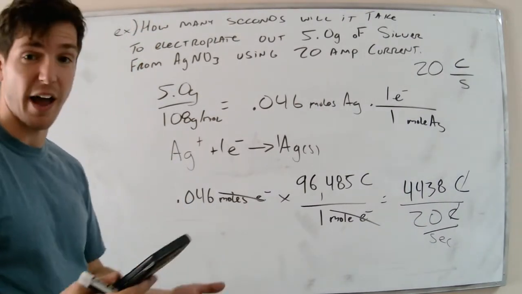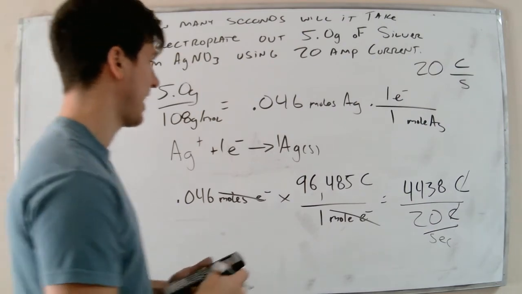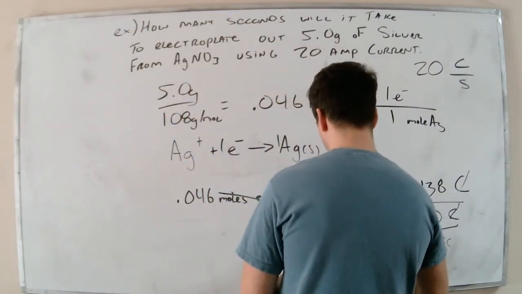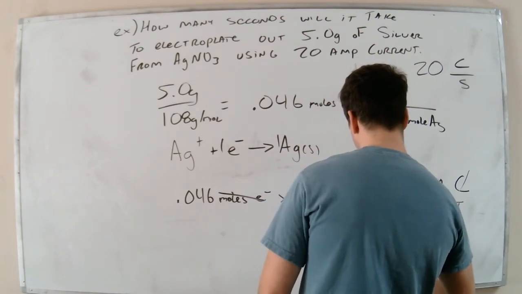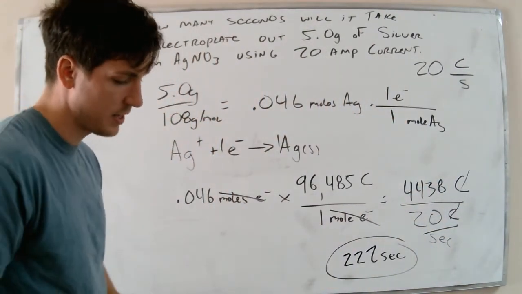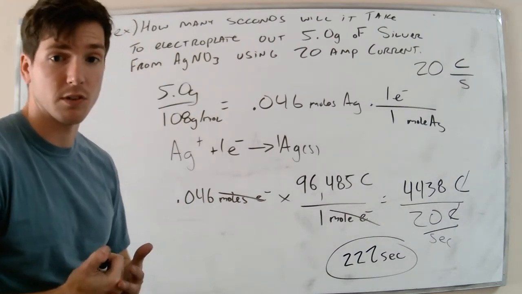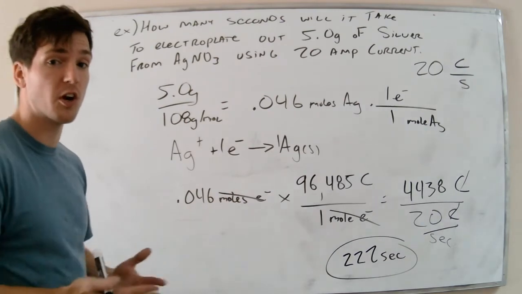So we're going to divide by amps. So we divide by 20, and we realize that it'll take somewhere around 222 seconds. I'm going to have to run that current for 222 seconds in order to electroplate 5 grams of silver.